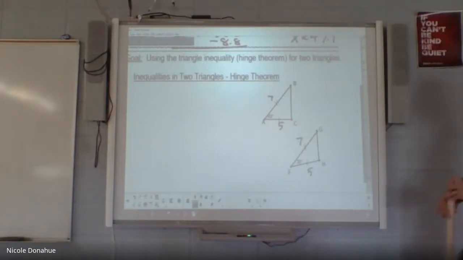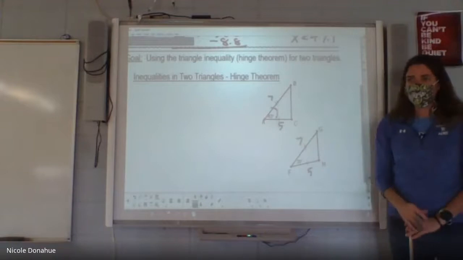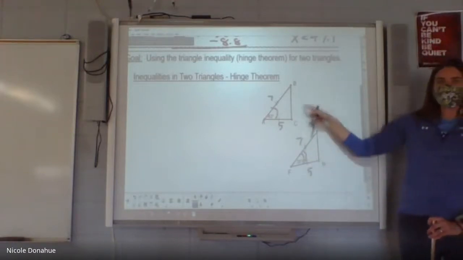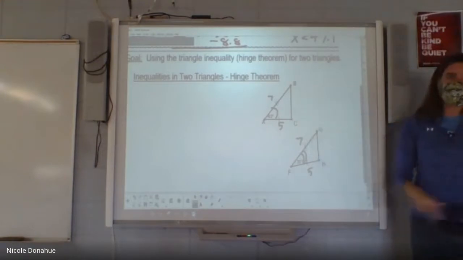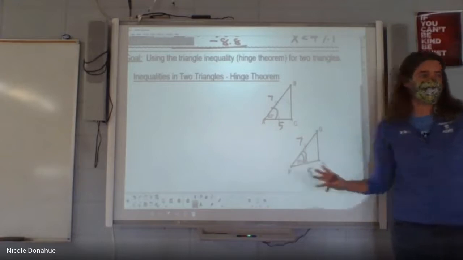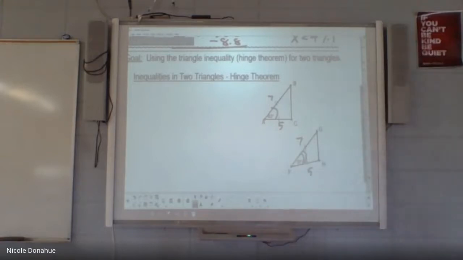What it's saying is if this angle is bigger than this one, I should be able to make a conclusion about this side. Now this only works if we have the two equal sides to begin with. If the sides don't stay the same length, this no longer works.